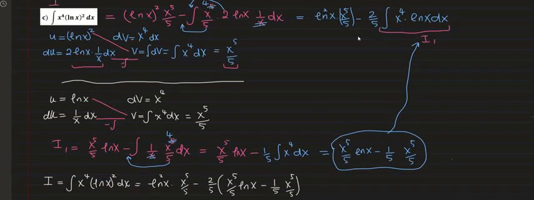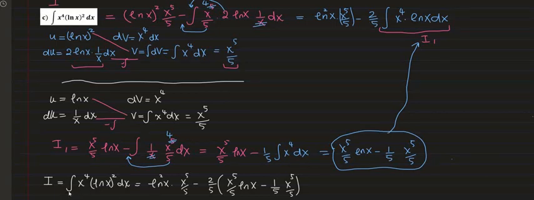So here we accumulate the result. We have this integral, the ln to the power of 2 of x times x to the power of 5 over 5 minus 2 over 5, and instead of the integral of x to the power of 4 ln x, we will plug in the result that we got here.